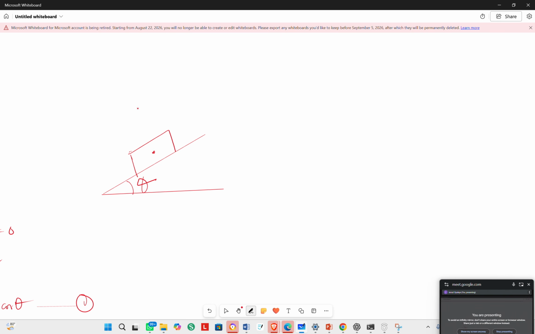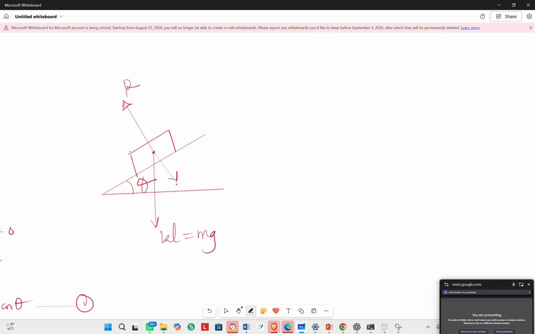You must be very familiar with an inclined plane, in the sense that when you have objects like this, there is a normal reaction force acting upward, that is R. There is a weight of the object acting downward, which equals mg.